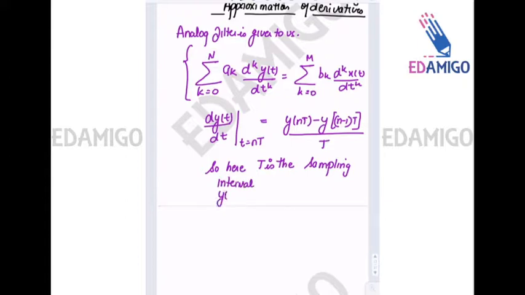If we sample y(t) then we get y(nT), that is, we replace t by n capital T. So the small t variable is converted into the n variable multiplied by capital T, where n is always an integer.